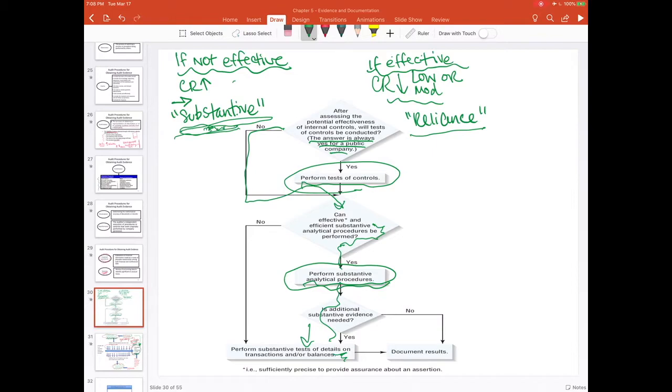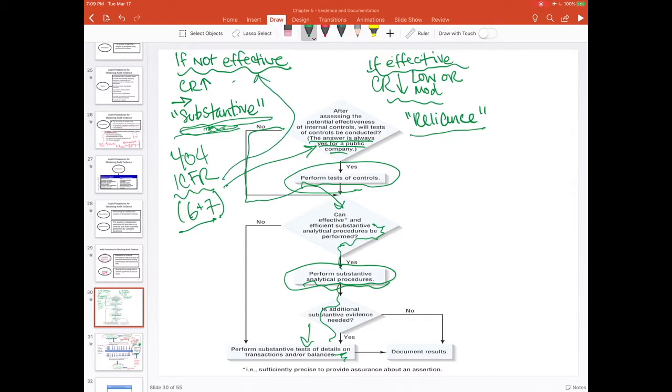Post-SOX, because we are required by 404 to give an opinion on internal controls over financial reporting, which we'll talk about more in chapters 6 and 7, we do have to test controls, even if we believe controls are not effective.